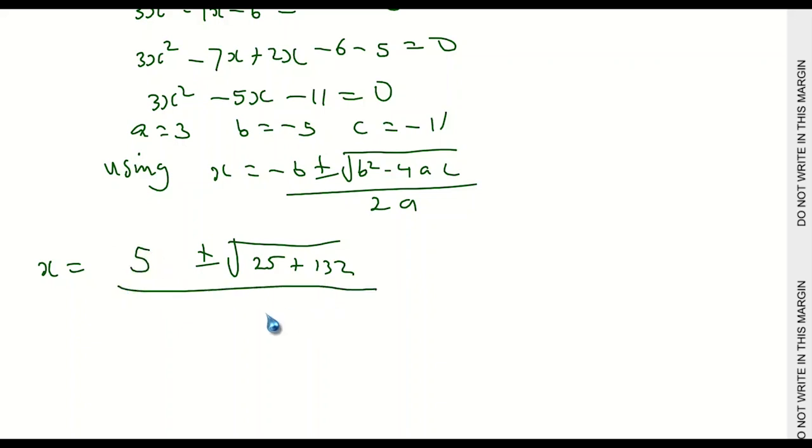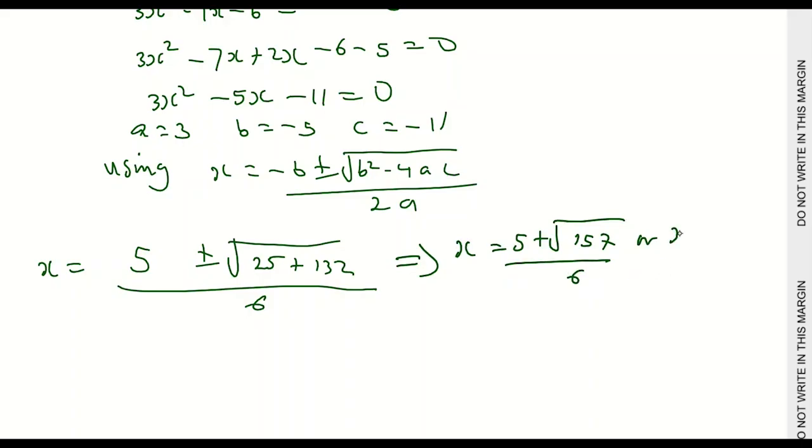Okay, divide 2 times 3, 6. Okay, so we can actually split this into 2. This implies x equals 5 plus the square root of 25 plus 132, that will be 157 over 6.